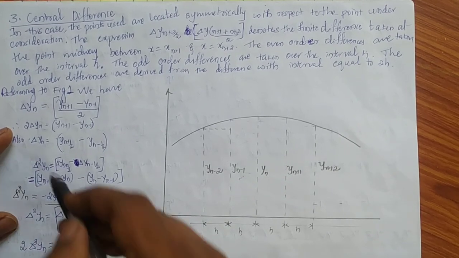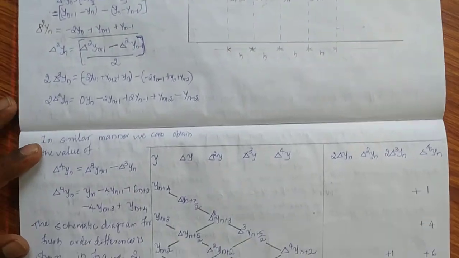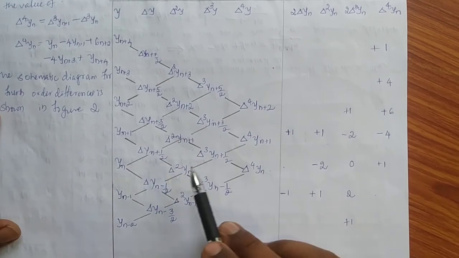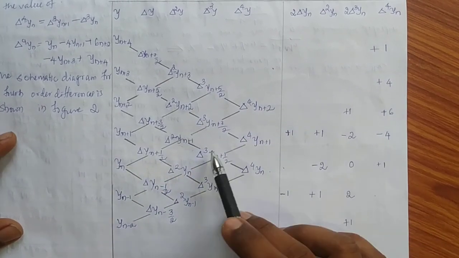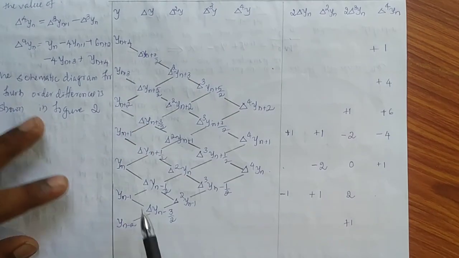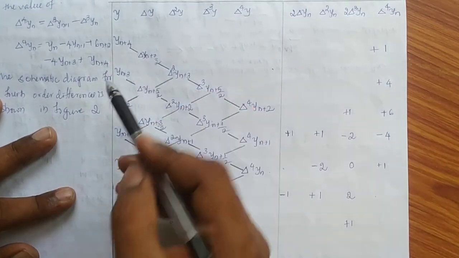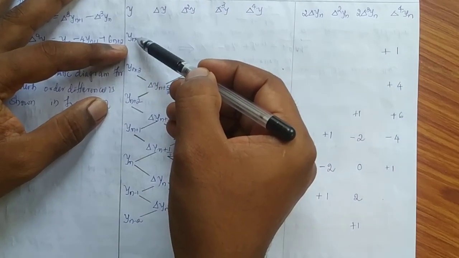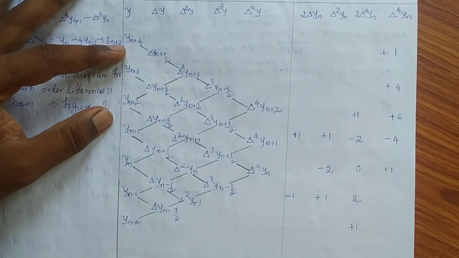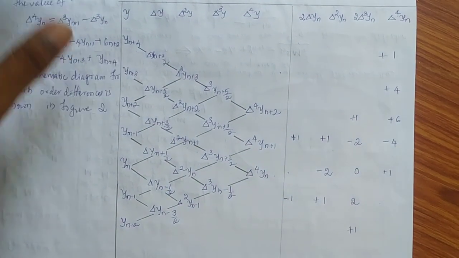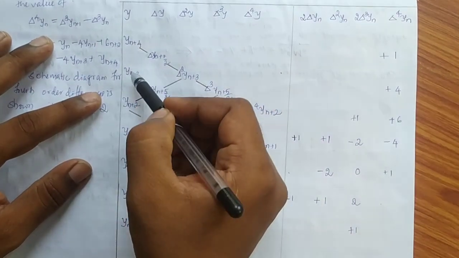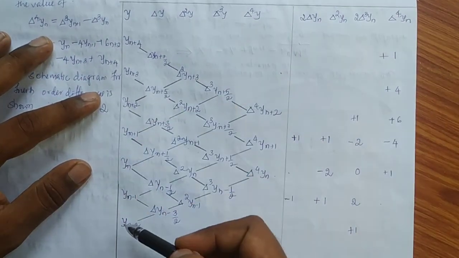Okay, so these equations can also be obtained by simply considering this table, this chart. So here in the central difference method, both values you will have to consider. Considering the yn highest, and next yn minus 1, yn minus 2, yn minus 3, just like that we were considering, as you can see here. But in the forward difference method, yn plus 1, yn plus 2, we were considering highest values.